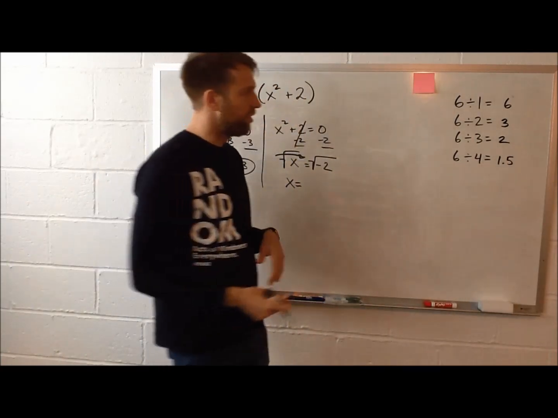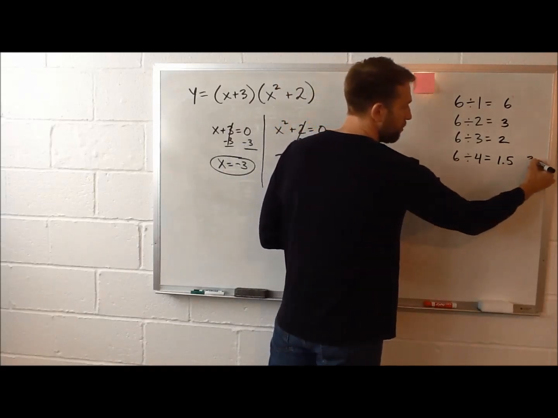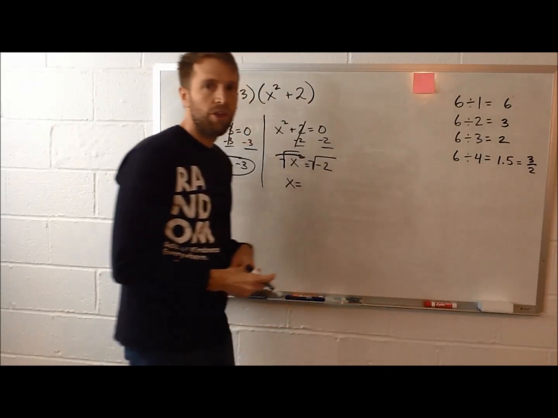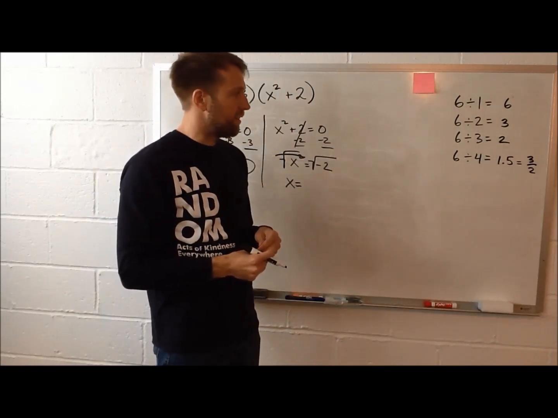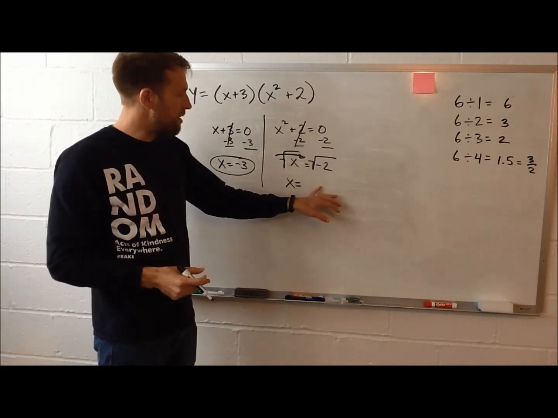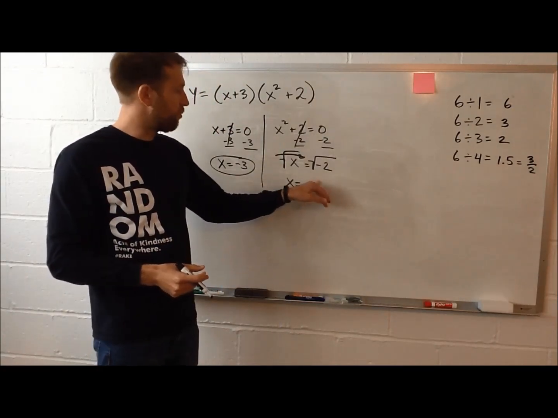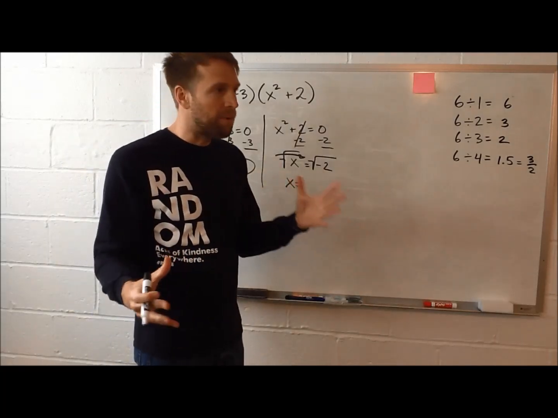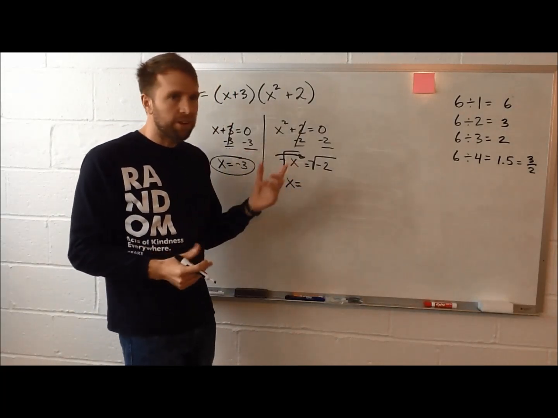So decimals got invented, or 6 divided by 4 would be 3/2 as a fraction. So those got invented, and it was a new type of number. So while we may have wanted to write no solution for the square root of a negative, mathematicians said, hold on, there is a way to come up with that answer, because Russell figured it out in the graph.